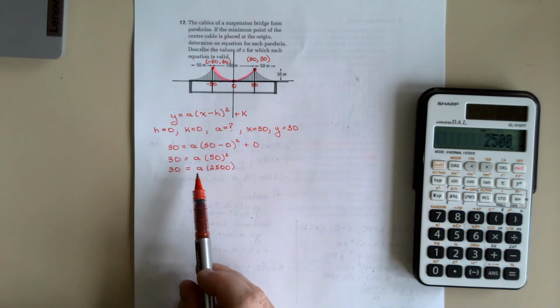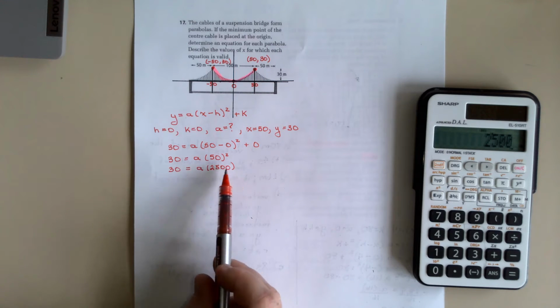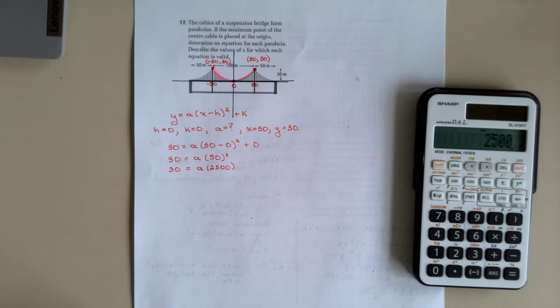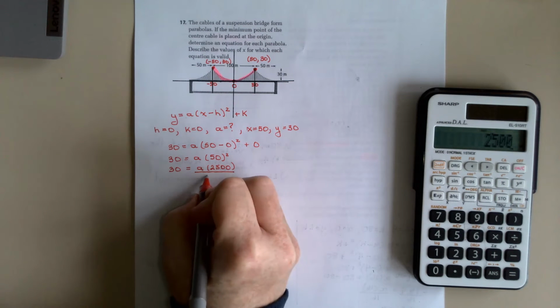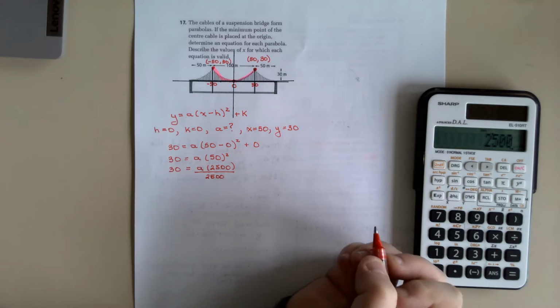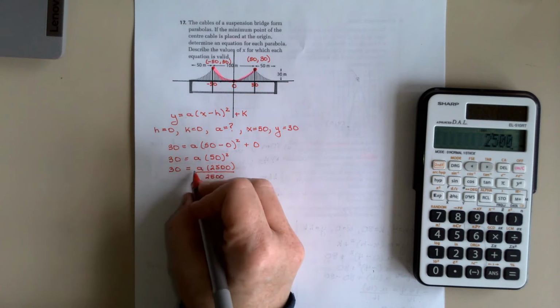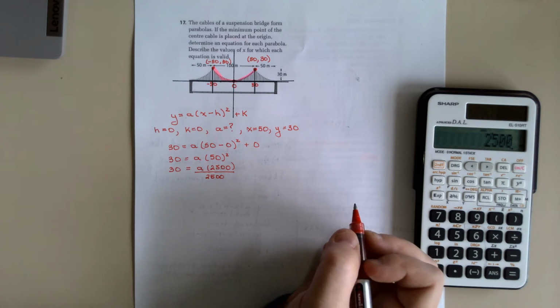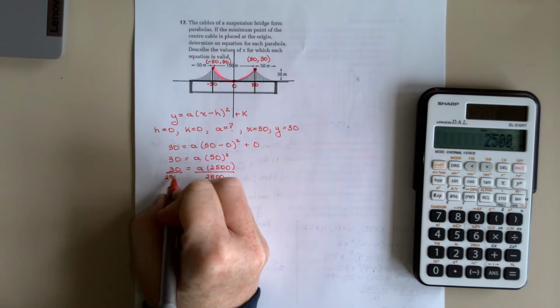Now I need to get a all by itself. Remember, when you're trying to get a by itself, we've got to get rid of this 2,500. We can't just remove it. We've got to do some math to remove it. The easiest thing to do is to divide by 2,500, because 2,500 divided by 2,500 is 1. So we'll have 1a, so a will be all by itself. But remember, what you do to one side, you have to do to the other.